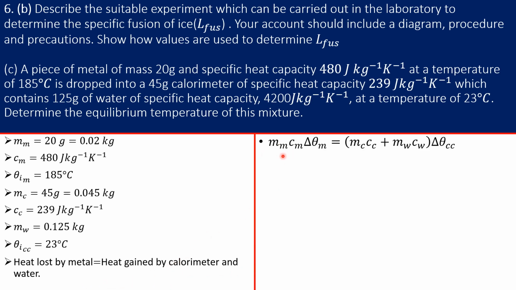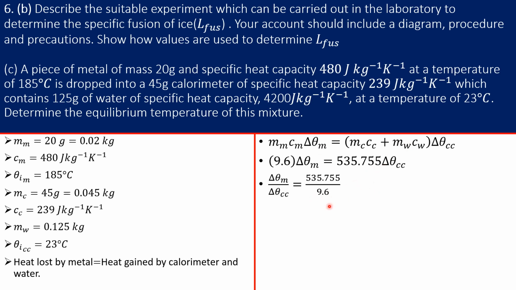Heat loss by the metal is mc delta theta of the metal. Heat gained is mc delta theta of the calorimeter plus mc delta theta of water. Since delta theta is the same for both of them, because they're always in thermal equilibrium, I can factor that out. So m of metal times c of metal will give us 9.6 there.